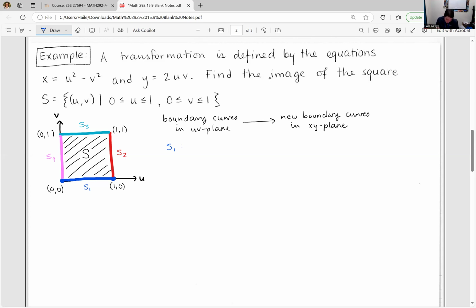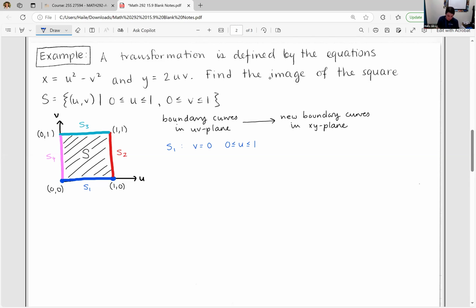So for this curve, S1, we can describe it as our V coordinate is always 0, and U lies between 0 and 1. Since this is a straight horizontal line, our V coordinate is always 0 because it's on the U axis, and U is ranging between 0 and 1.